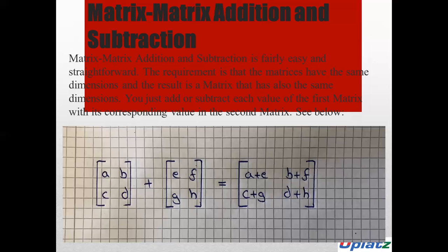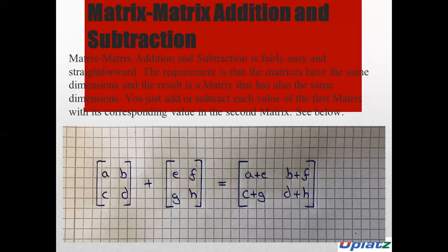So the first matrix is A B C D, the second matrix is E F G H. Both are 2 cross 2 matrices. So you add each corresponding value of both matrices.